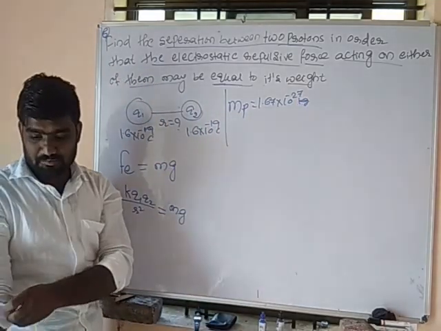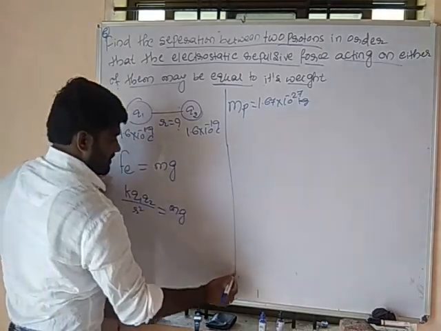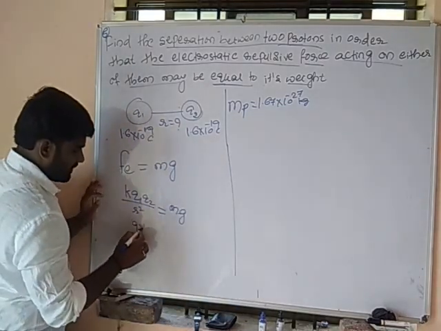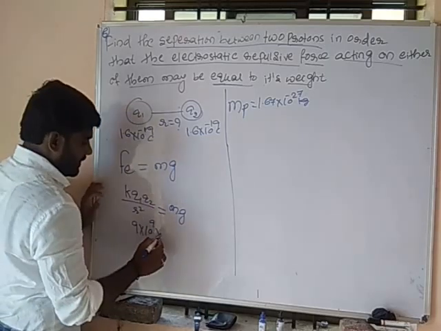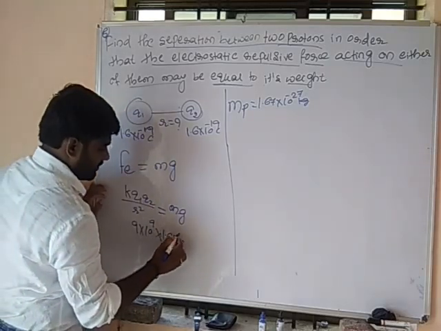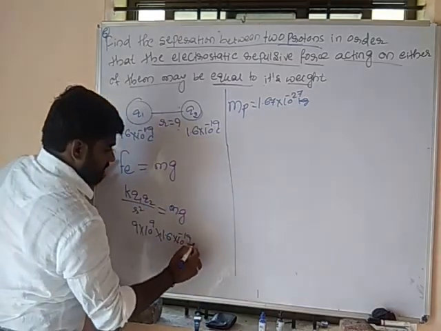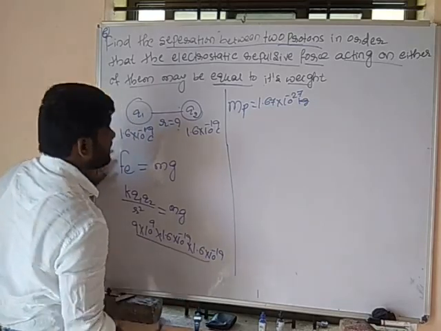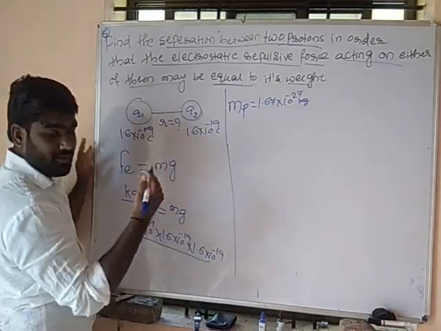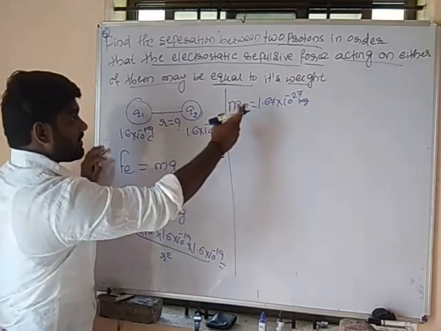Okay, 10 to the power minus 27 kg. Then write down this first. K is equal to 9 into 10 to the power 9, into Q1 which is 1.6 into 10 to the power minus 19, then again 1.6 into 10 to the power minus 19, whole divided by the separation distance, which I don't know, keep as it is, is equal to the mass of the proton.